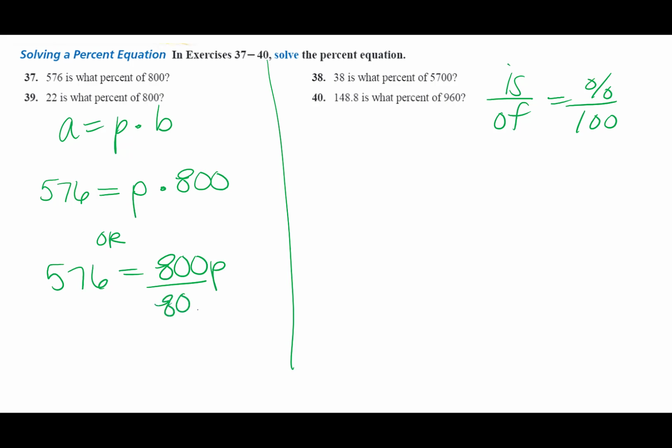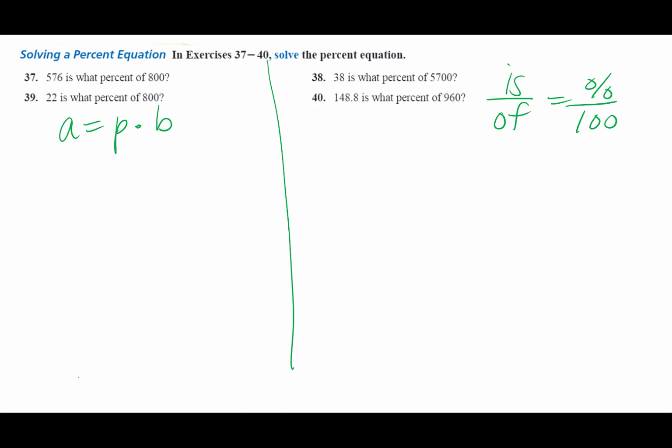Now divide both sides by 800 to get P equals 0.72. But this is tricky because remember what P represented. P is the percent in decimal form. And so now you need to move the decimal 2 places to the right. And so the correct answer that I will take on a test or WebAssign is 72%.